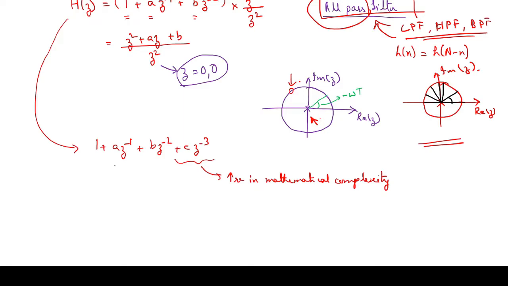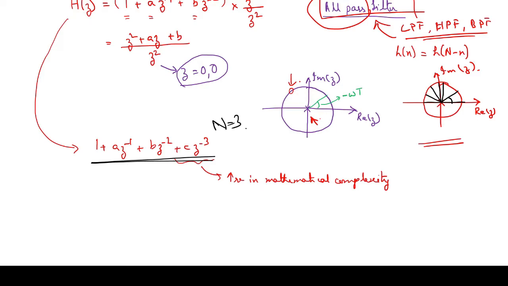Again, when I talk about these FIR filters, if you look over here, herein capital N, the order of the filter is 3, right? That was for the sake of our understanding.